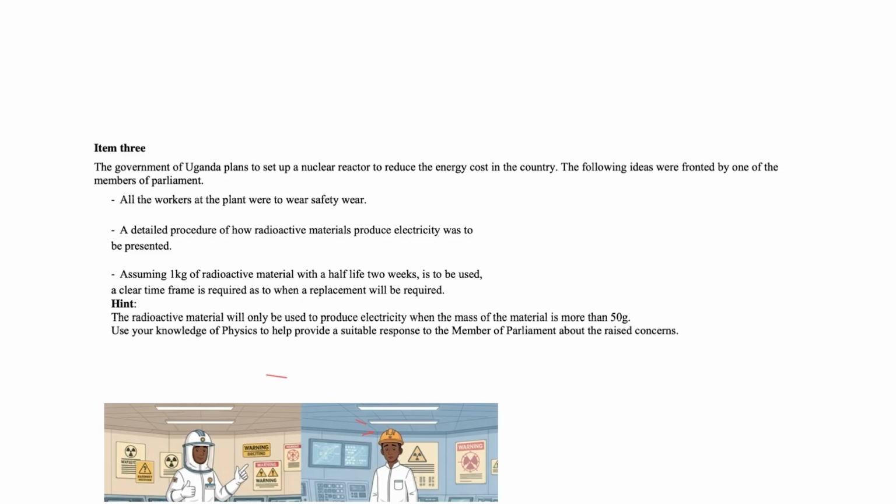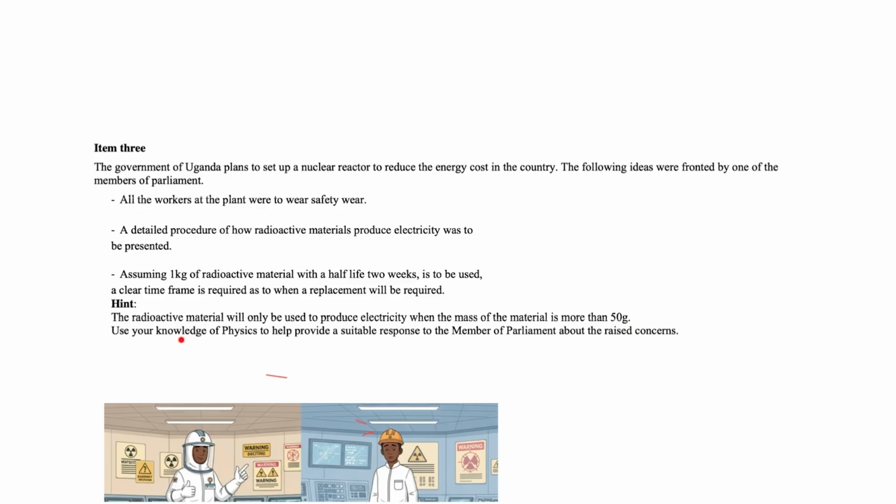A hint down here: the radioactive material will only be used to produce electricity when the mass of the material is more than 50 kilograms.